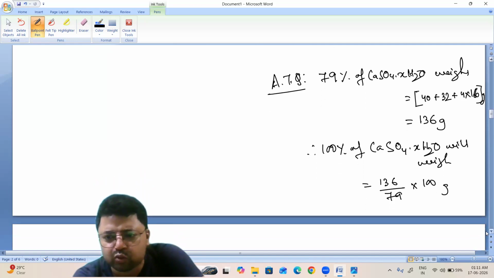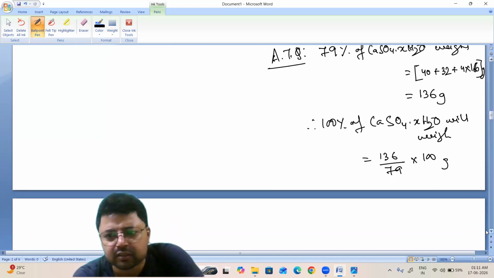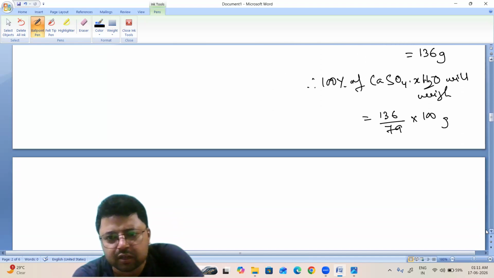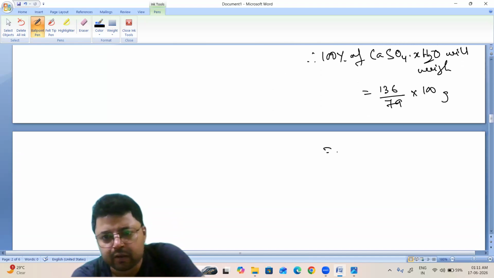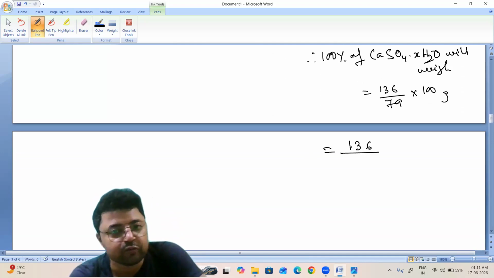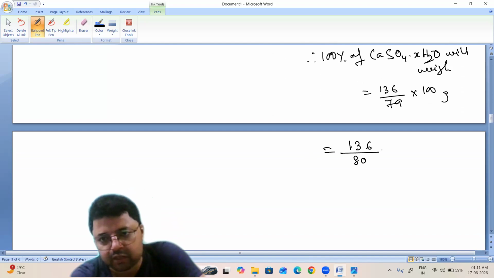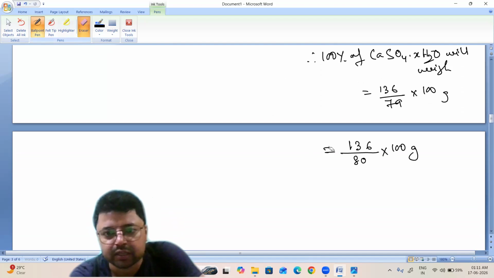So what you can do here is convert 79 to 80. You can convert 79 to 80 and that will not make much of a difference, to ease your calculation. But whenever you are converting it, you will write here "approximation".